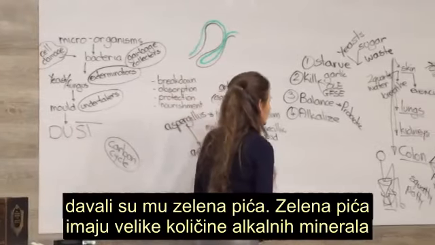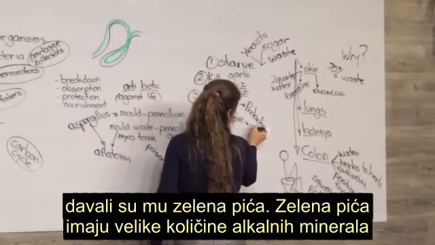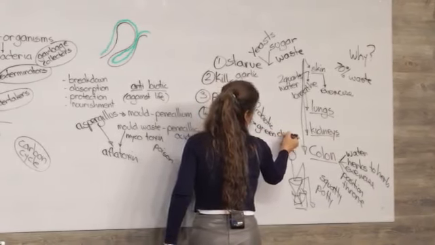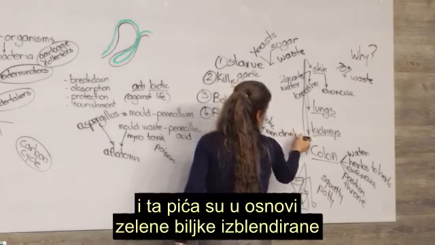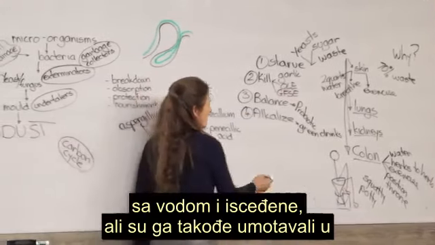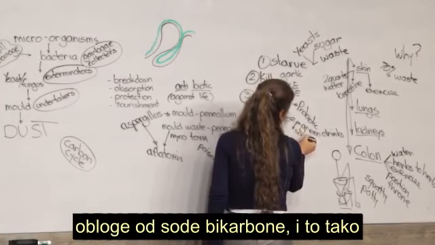But at the retreat, he was given green drinks. Green drinks are very high in the alkaline minerals. And green drinks basically are green plants that were blended up with water and strained. But also, he was given sodium bicarbonate wraps.